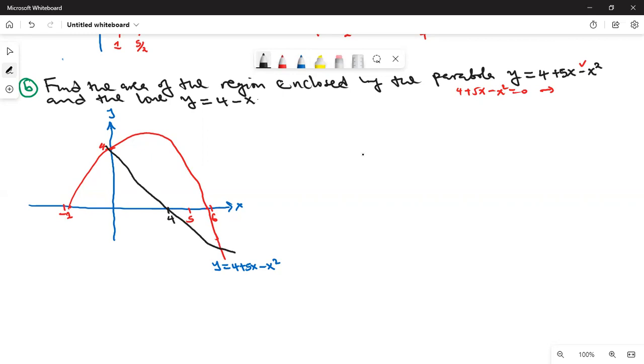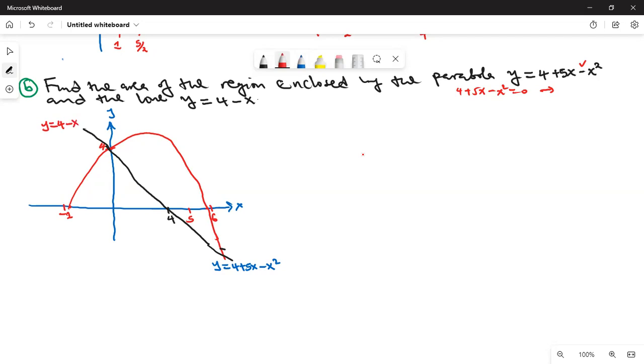They'll meet somewhere there. Remember, this is a line, so it's not a curve. Let it be a straight line. So they'll meet somewhere there. This is the one for y is equals to, let me extend it, y is equals to 4 minus x.